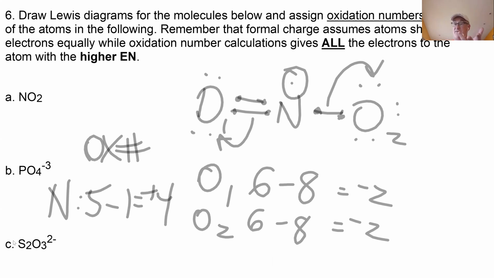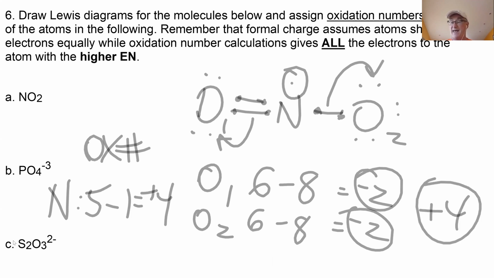The other thing you should know about formal charges and oxidation numbers is that when you add all the formal charges together, they should equal the overall charge of the ion or molecule you're dealing with. The same is true for oxidation numbers. So if my first oxygen is -2, my second one is -2, and the nitrogen is +4, I add those all together, 0, which you should get if it's a neutral molecule.